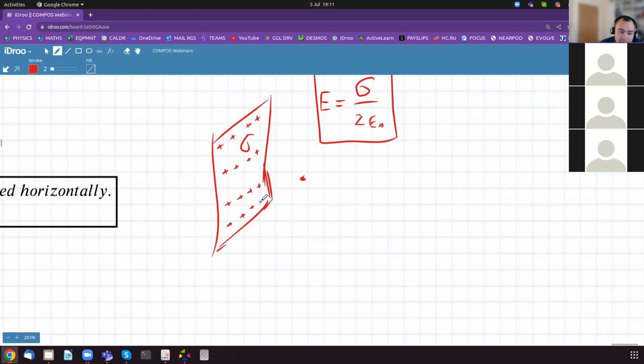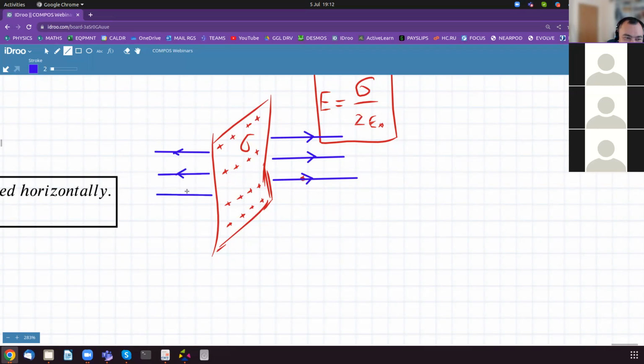You will see that the electric field, because it's symmetrical in all directions and it's infinite in all directions, is away from the plate. So the electric field goes parallel to the normal. Anyways, the electric field is like this.